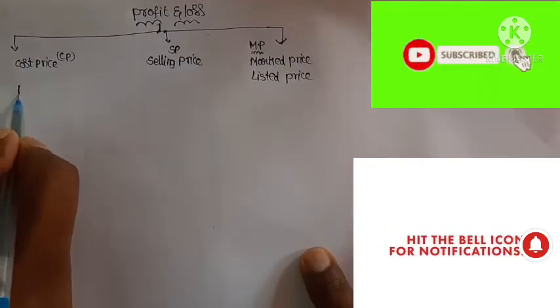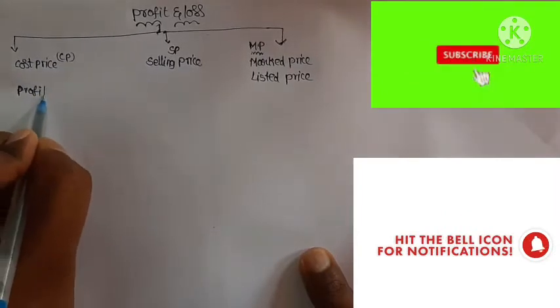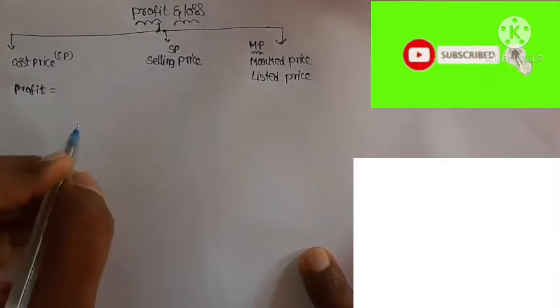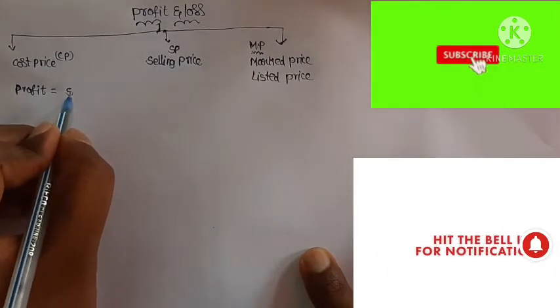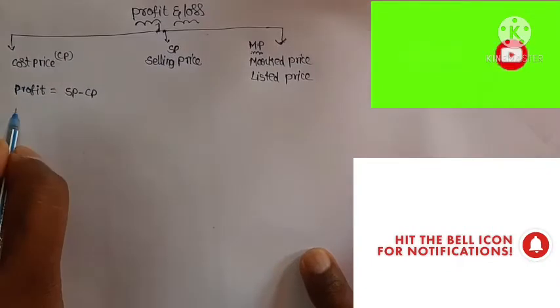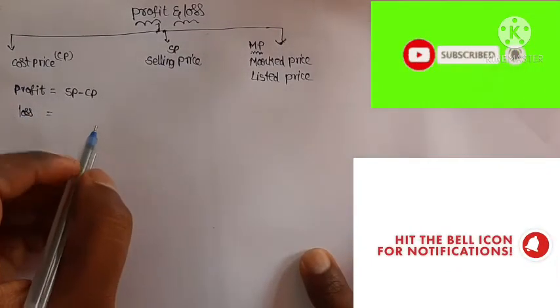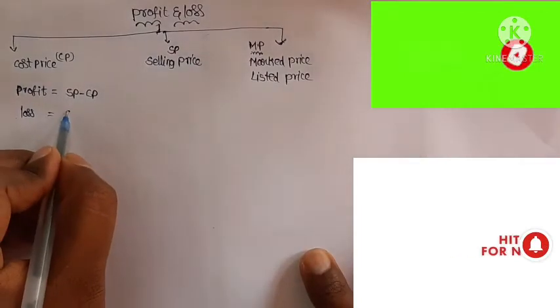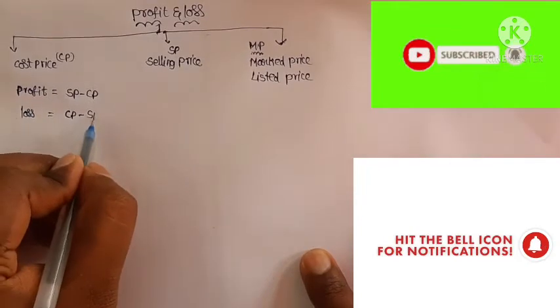So profit is equal to selling price minus cost price. So loss is equal to CP minus SP.